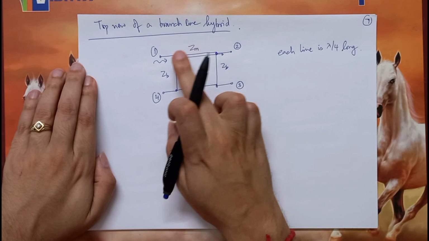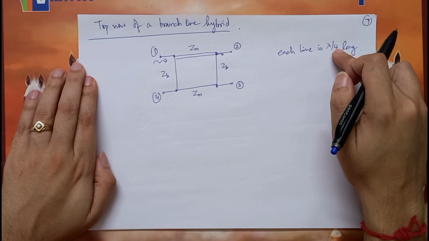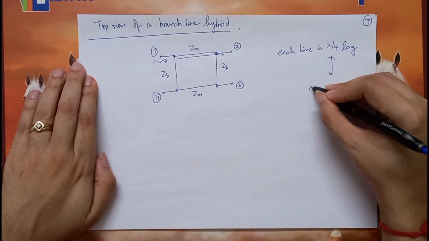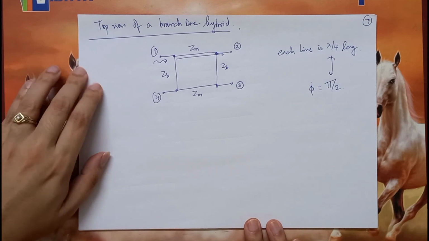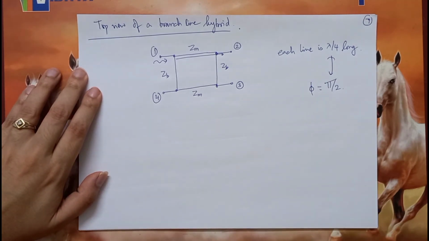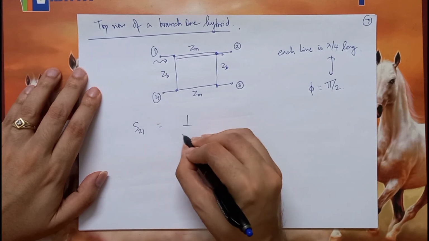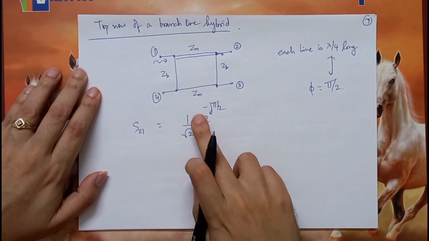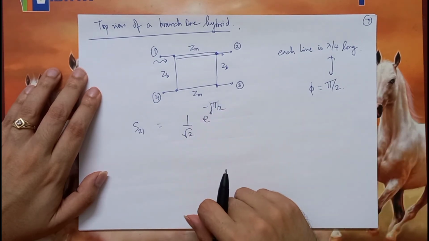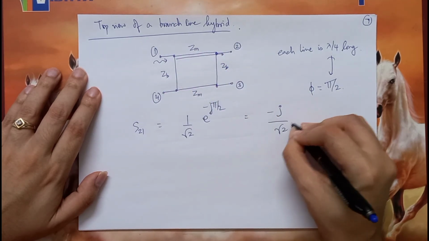The phase difference that it is introducing going from this point to this point corresponds to lambda by 4, so the phase is pi by 2. Then I can say that S21 will be 1 by root 2 times e raised to minus j pi by 2. Obviously it will be minus because plus phase is not possible; there is some phase delay that's happening. So this will be equal to minus j by root 2.